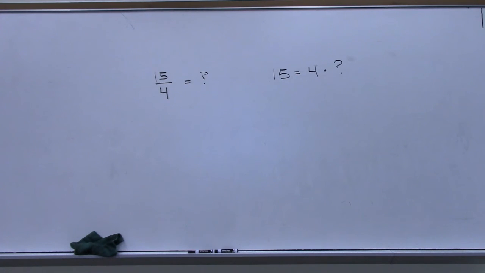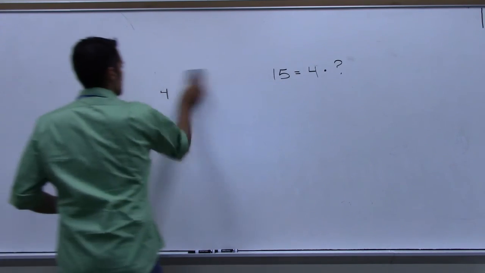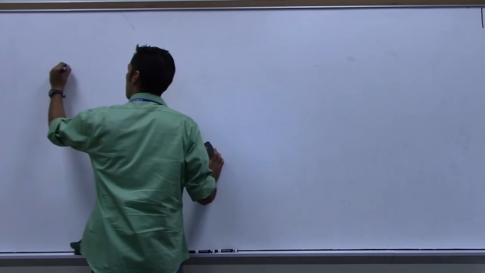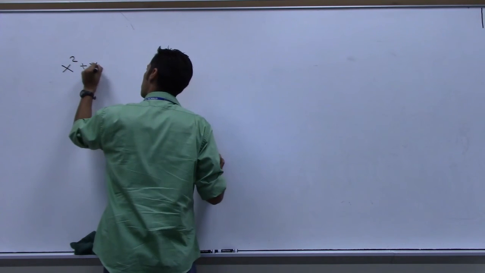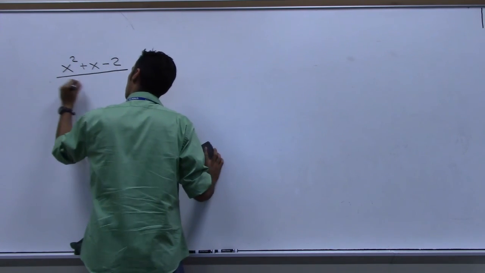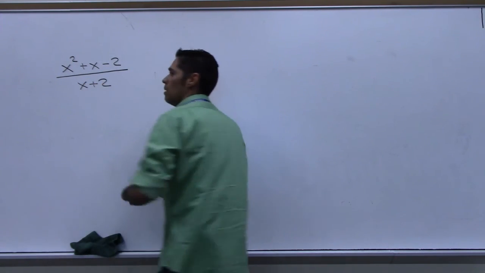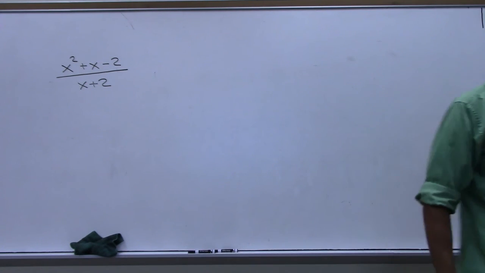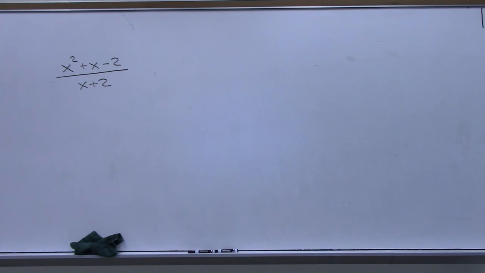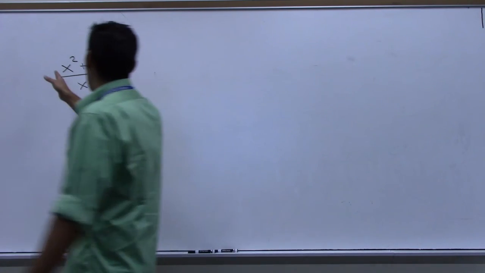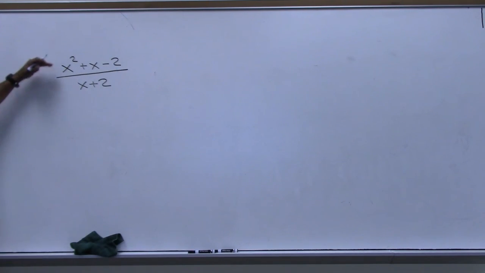So now let's take a look at x squared plus x minus 2 over x plus 2. All right, let's take a look at this. Instead of 15 over 5, I'm writing a polynomial divided by a polynomial, yes?